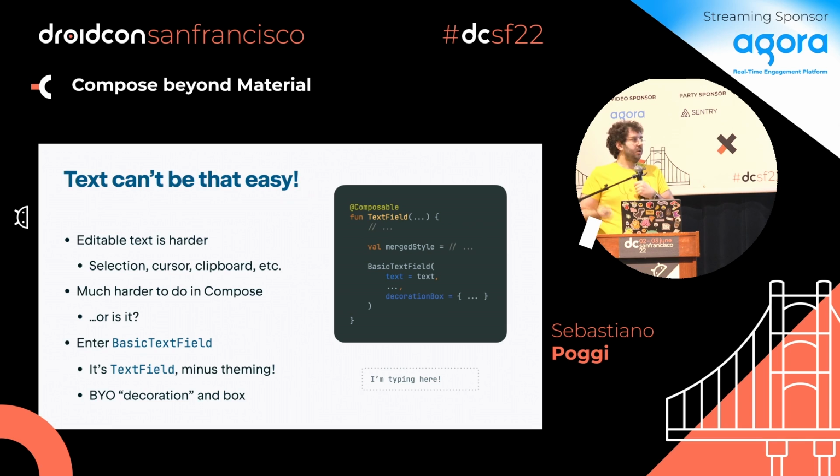So for example, maybe your theme says, oh, my text fields have a line underneath, or maybe they have a border around them. I don't know. And then there's stuff that is called decoration, which is things like icons, backgrounds, all that sort of stuff, hints, prompts, whatnot. All that stuff that you get in Material, you don't get with basic text, but you implement your own, and only the stuff you need. You don't need to implement everything.